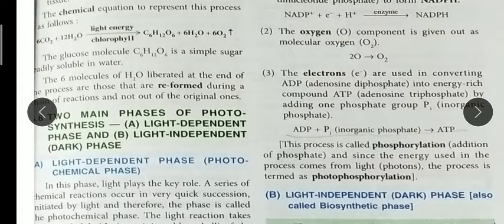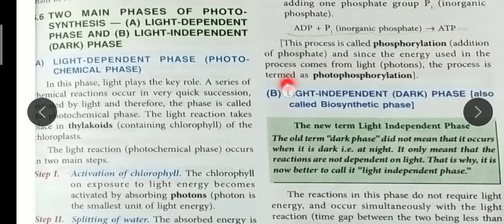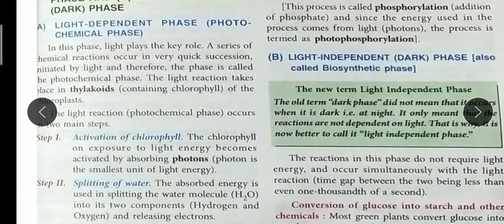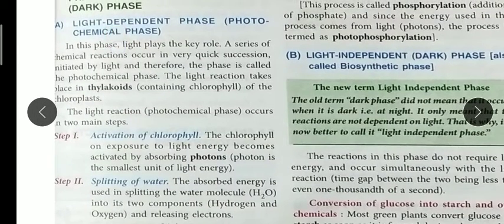So these both the reactions take place in a series of chemical reactions, and the first reaction of the first phase is light dependent. It is initiated by light, light is important during this phase, so that's why it is called the photochemical phase. You can underline this line, that the light reaction takes place in the thylakoids.